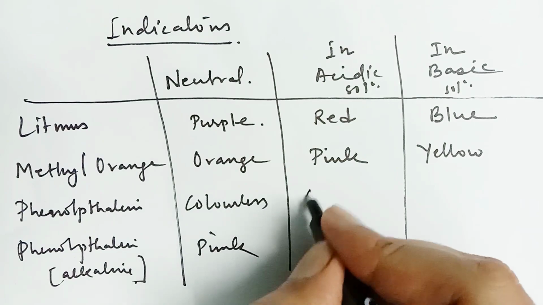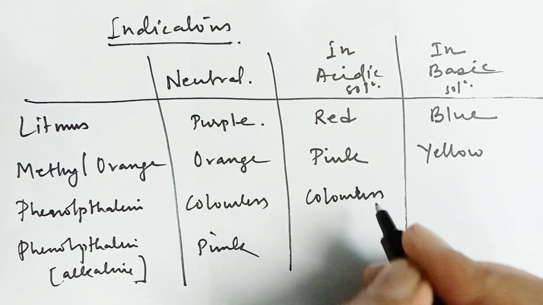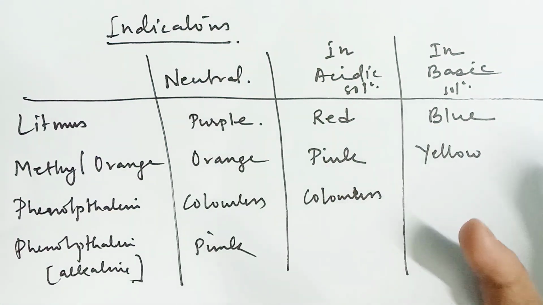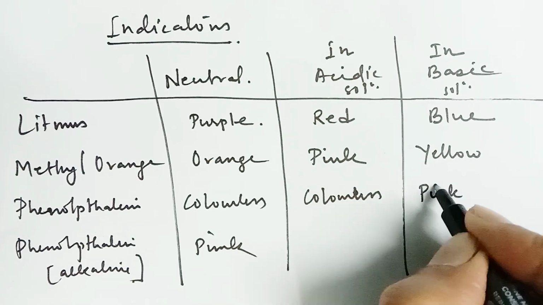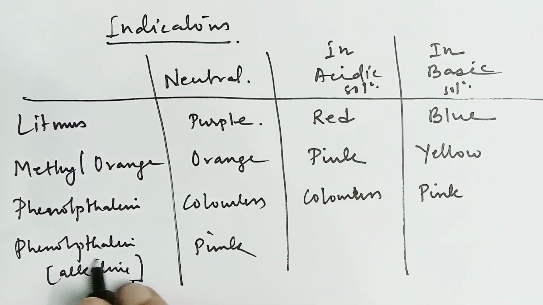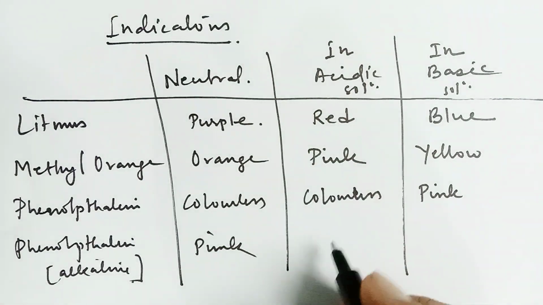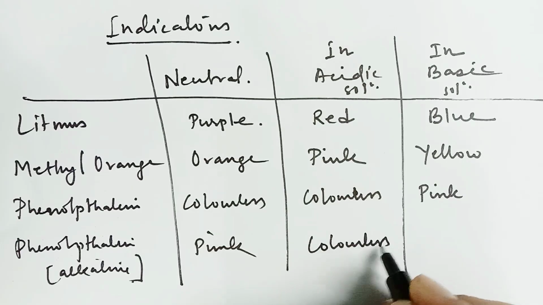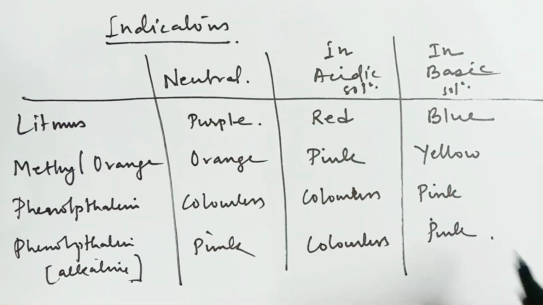Phenolphthalein is colorless, it remains colorless in acid. If there is no change in color, that is also an observation, and if it changes color, that is obviously an observation. In alkaline solution phenolphthalein is pink in color. When you add an acid, it changes to colorless, and in basic solution, it remains pink.